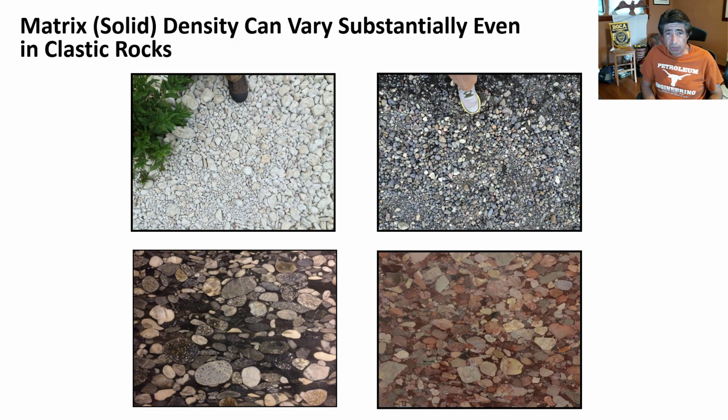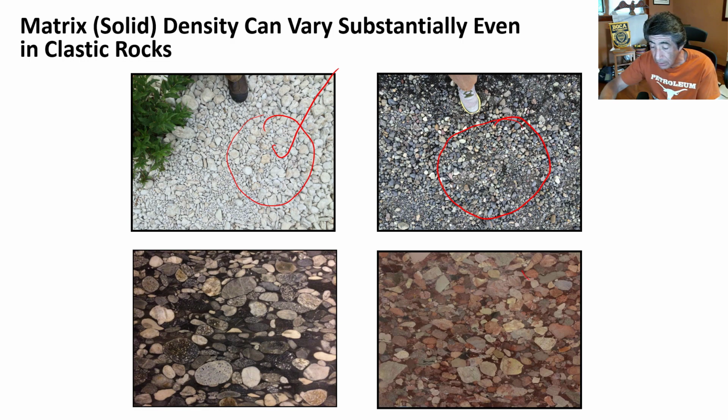And here's another beautiful photograph of clastic rocks made of different composition. Here's a clastic rock from Austin made of carbonate rocks. Here is a photograph from Iceland, where the grains are made of volcanic material.